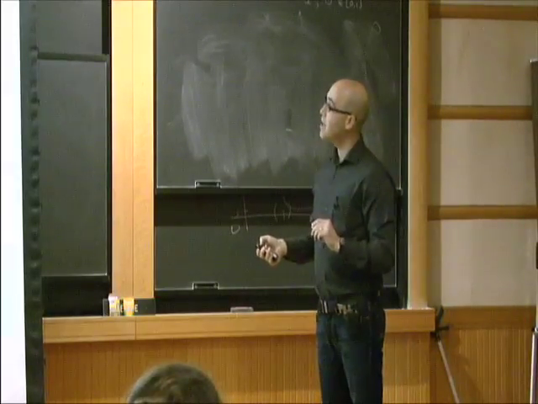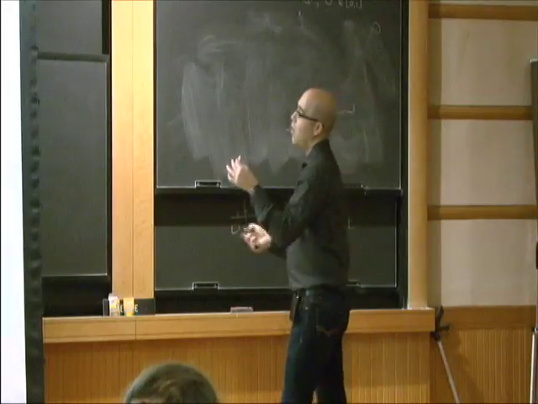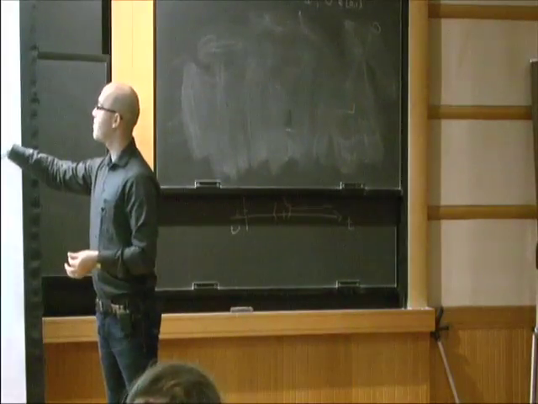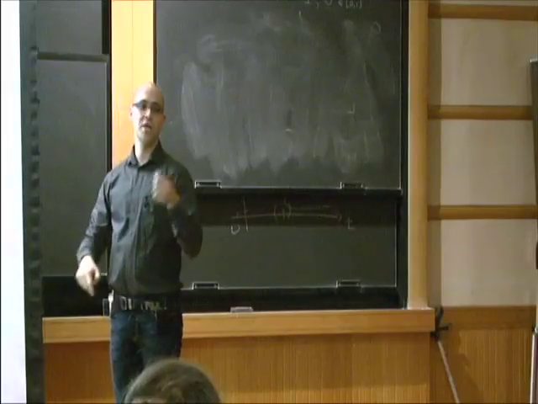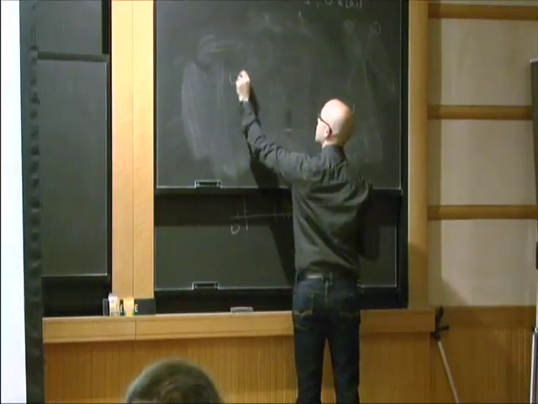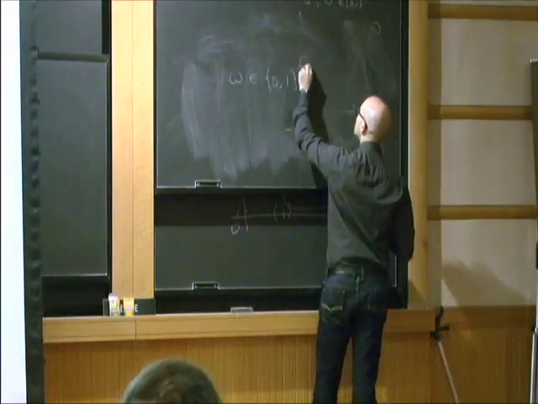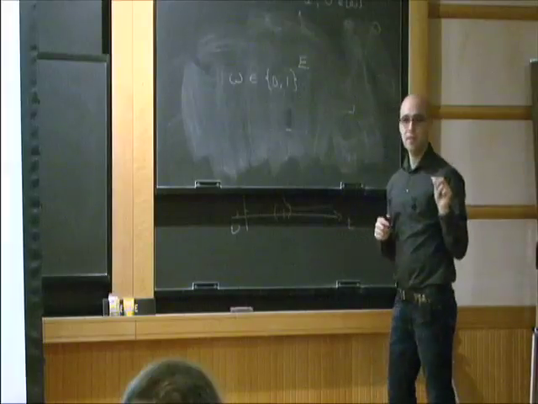So the FK random cluster model is a model on configurations that give 1 or 0 to the edges. Edges are either there or not. So omega is in {0,1}^E, these are your edges.